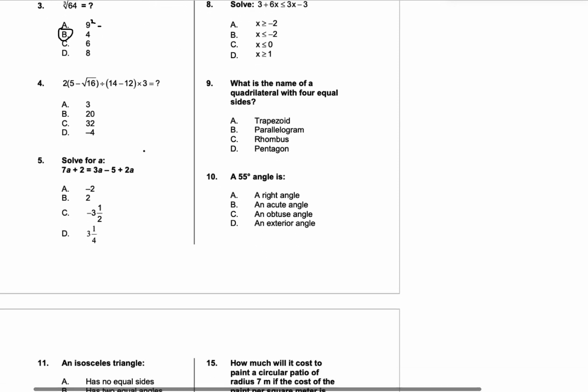And then the fourth problem, you can use PEMDAS to solve this problem. Using PEMDAS, we can take care of the expressions inside of the parentheses first. If we do that, we'll see that this will turn to 4.